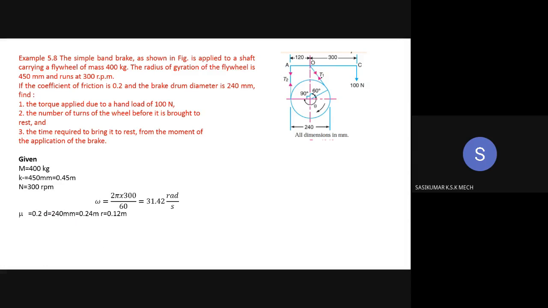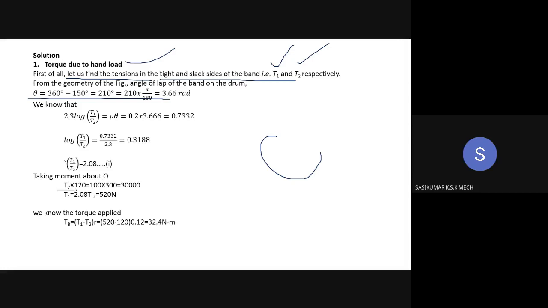Here T1 is attached on the fulcrum, so it will become 0. So once you have T2 and 100, T2 into 120, similarly 100 into 300. So that is the moment. So T2 into 120, 100 into 300.